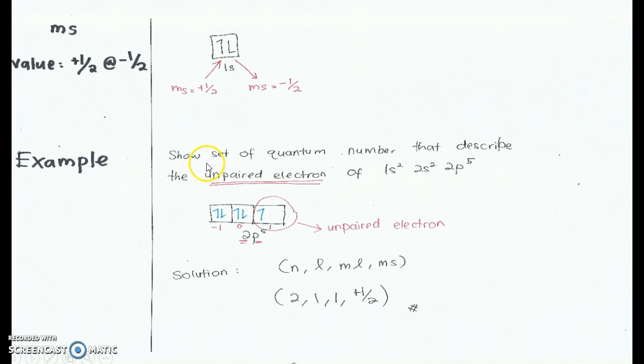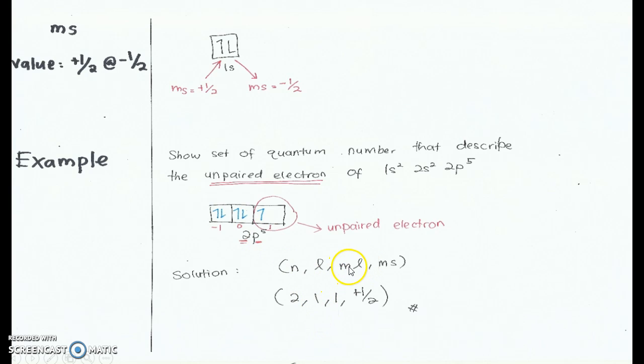In order to give the set of quantum numbers for this, you have to write down first n, l, ml and ms. n is the principal quantum number. Because it has 2 here, it means this is in shell number 2, so you write 2 here. And l refers back to n, but because we have the p orbital here, p orbital is 1, so write down 1.